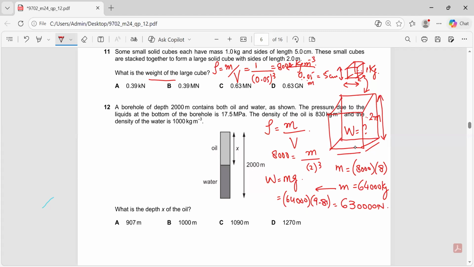And if I need to convert it into mega newtons, this becomes 0.63 mega newtons. So as per the given option, what is the correct one? It is C, 0.63 mega newtons. Is this fine?